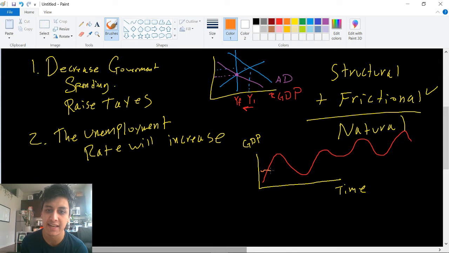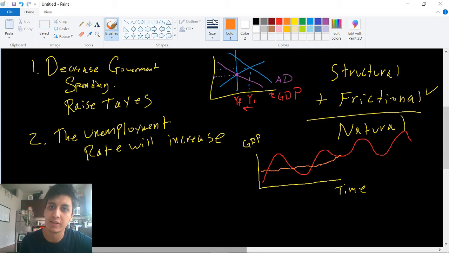It's more steady, it's more even, and the reason being is that because these are natural and because we can't stop these, nothing is really going to affect these as much. It's going to be harder to affect structural and frictional unemployment. It's going to be hard to change the natural rate of unemployment.